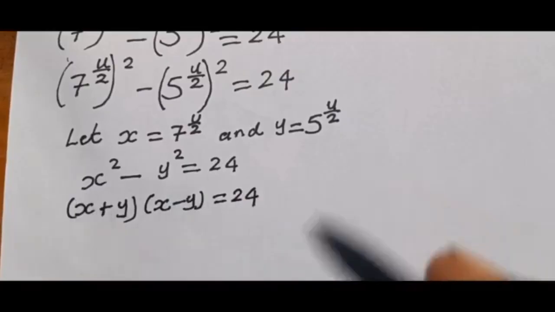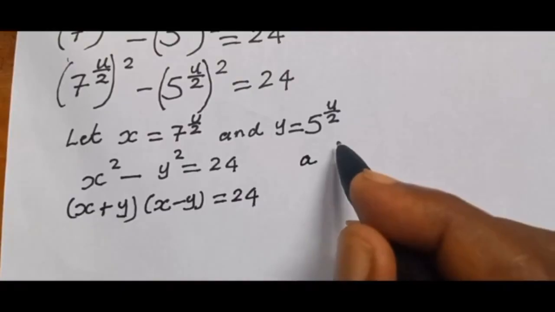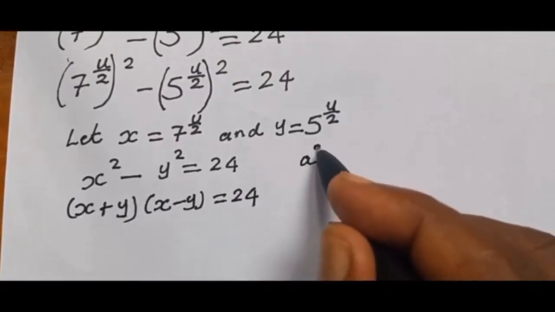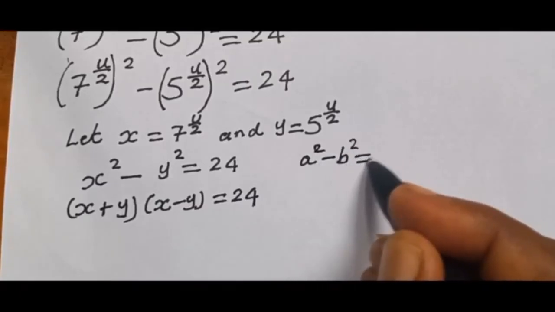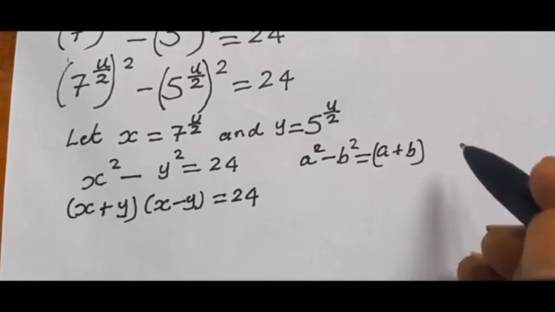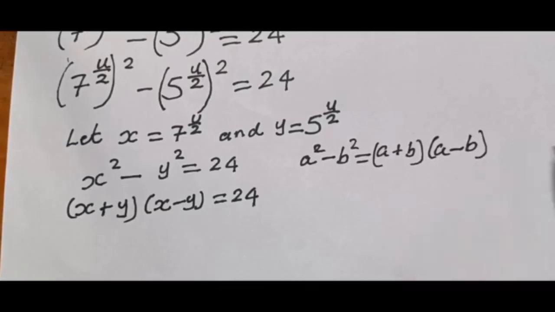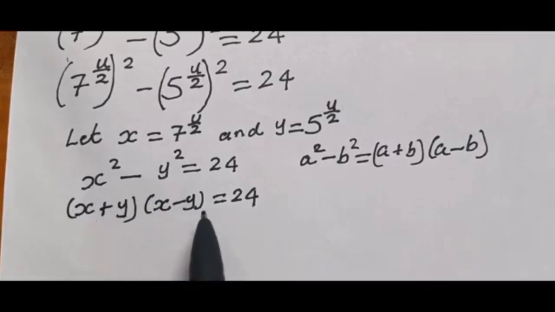In this case, we have used the method of factorization known as the difference of two squares, which is a squared minus b squared equals a plus b in the bracket a minus b. That's why this expression is written in this form.